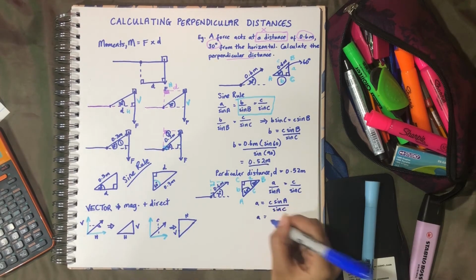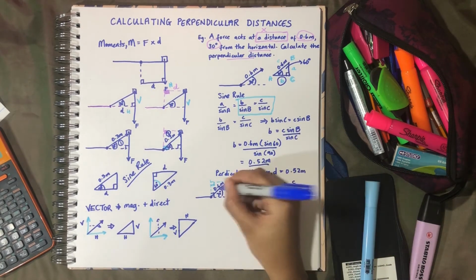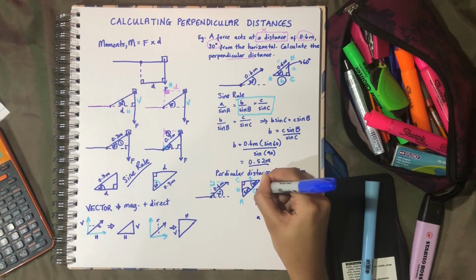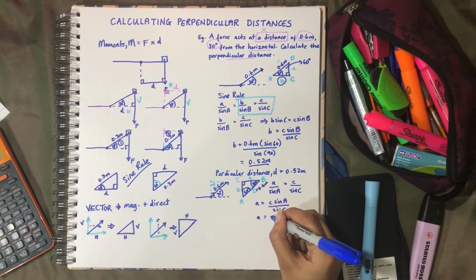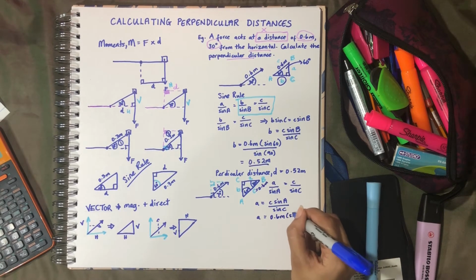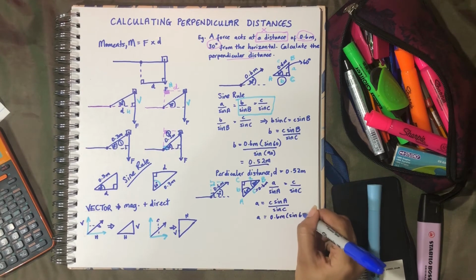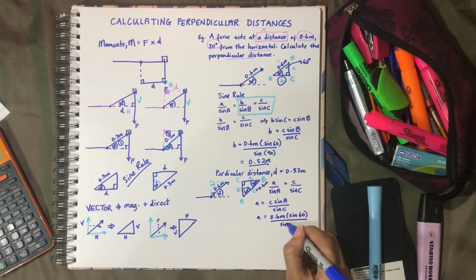So let's add in the values. We know that c equals 0.6, sorry, I don't know where I got a 1 from. So it's 0.6 meters times sine A, which is 60, over sine C, which is 90.